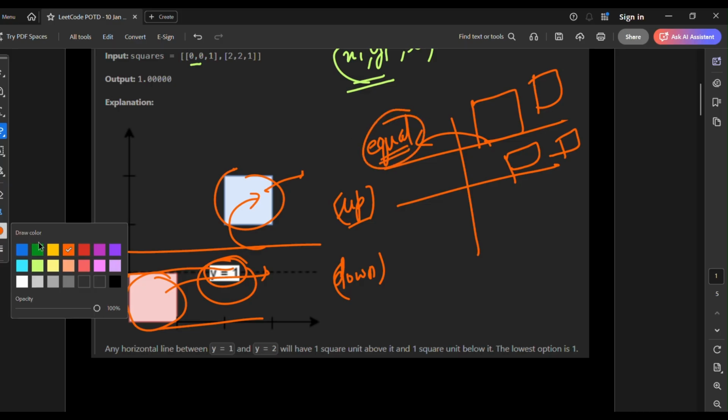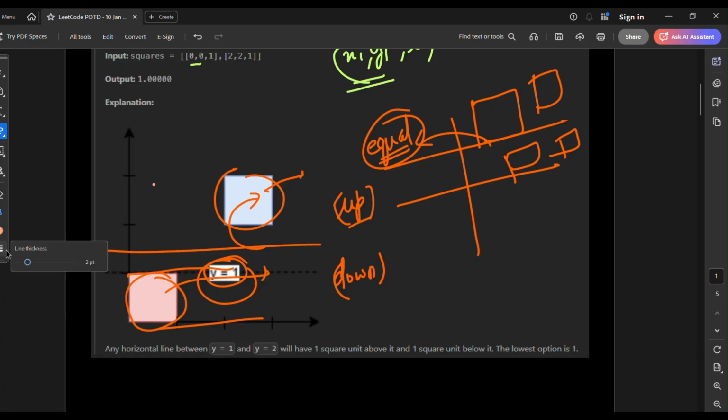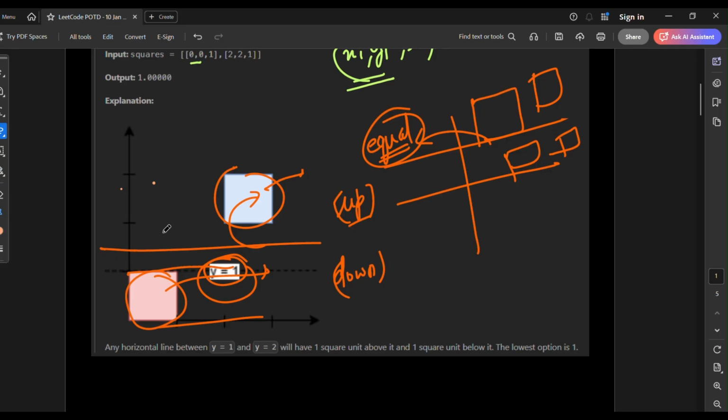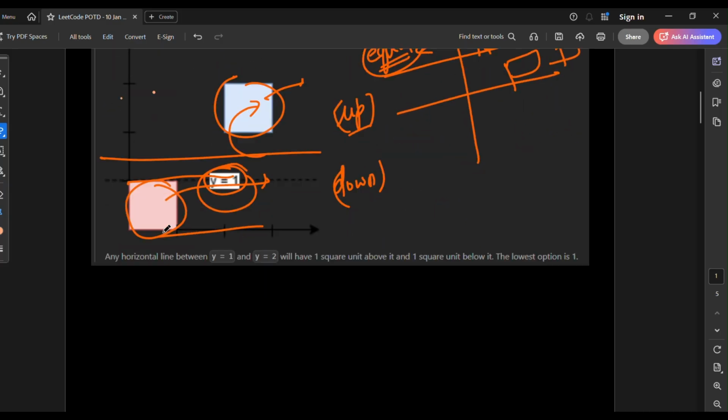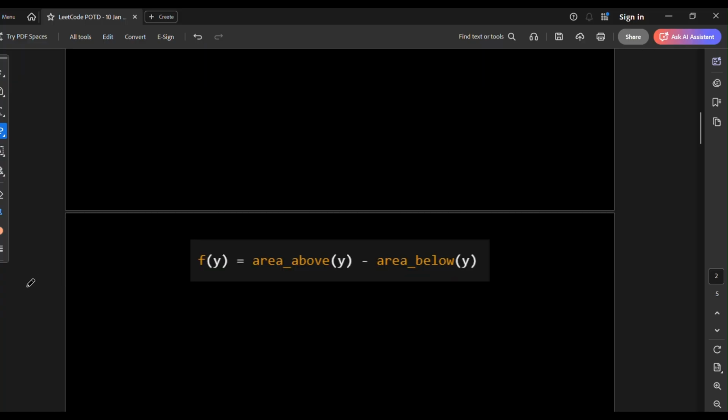Now if you look properly at the constraints, I have made one important observation: we have to make a function which takes a y value.